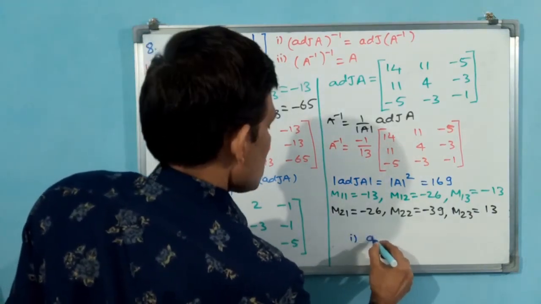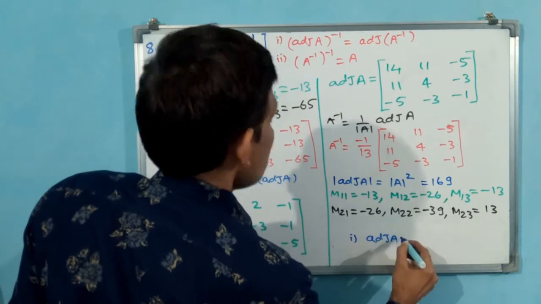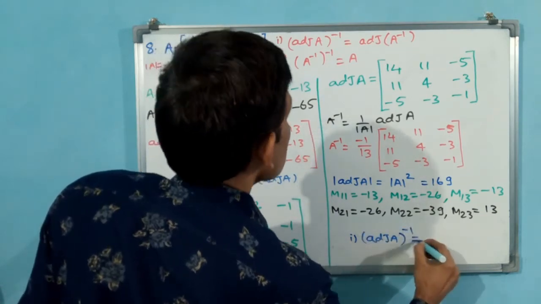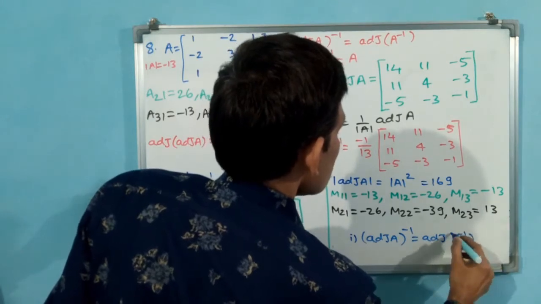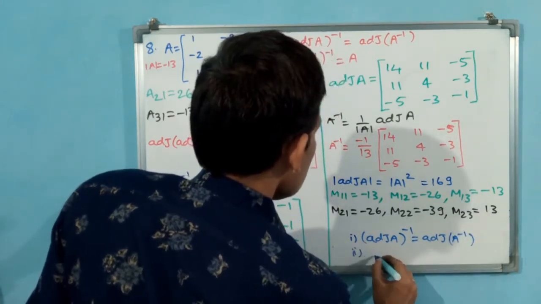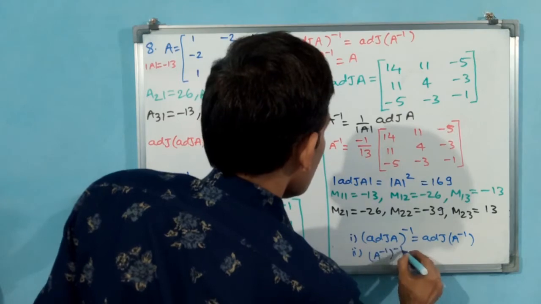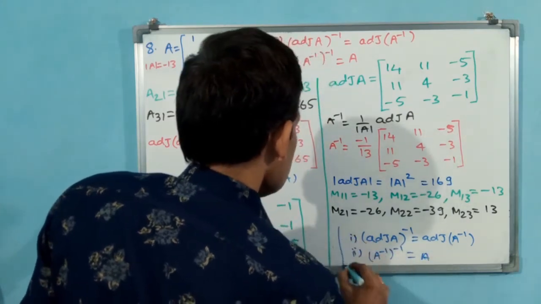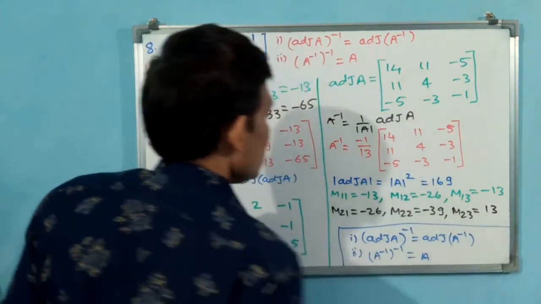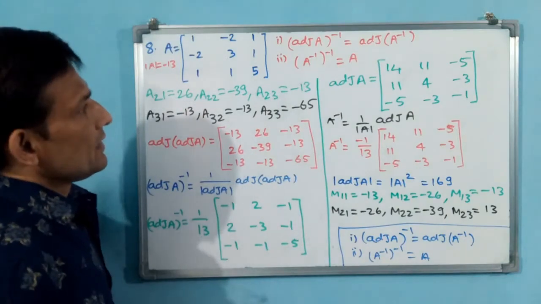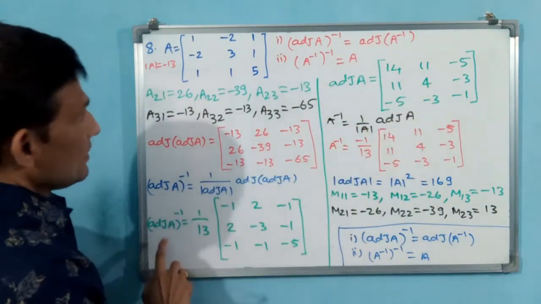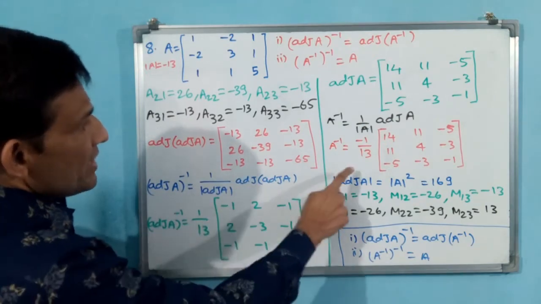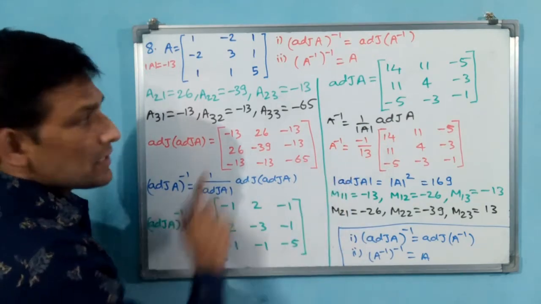First one, adjoint A whole inverse is equal to adjoint A inverse, and second one, A inverse whole inverse is equal to A. Okay, this I am putting in box. And what I am doing, I am removing these. Adjoint A also we don't want. But adjoint A whole inverse I am writing here. Okay.